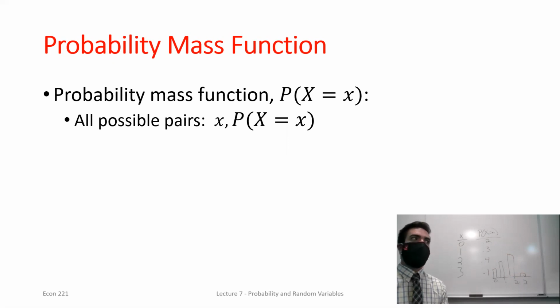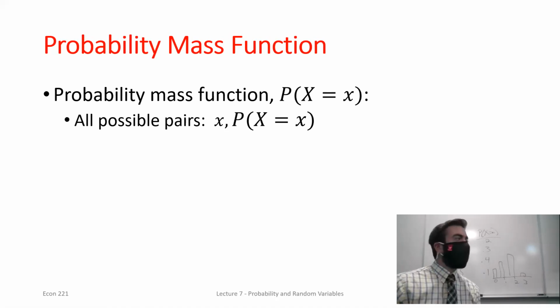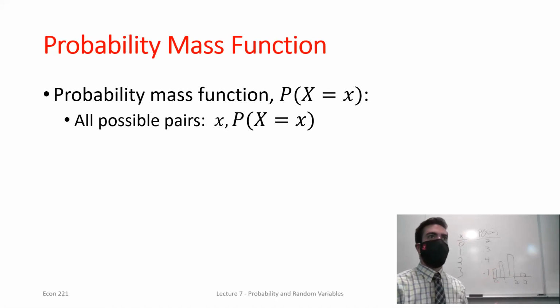It's just that now it's an uncertain outcome. We haven't observed it yet, but we know the probability that we see the different outcomes. So it doesn't look a whole lot different than what we've done with relative frequencies and the different bins, but now our bins are not bins because we have a discrete variable. They're just integer values, okay?